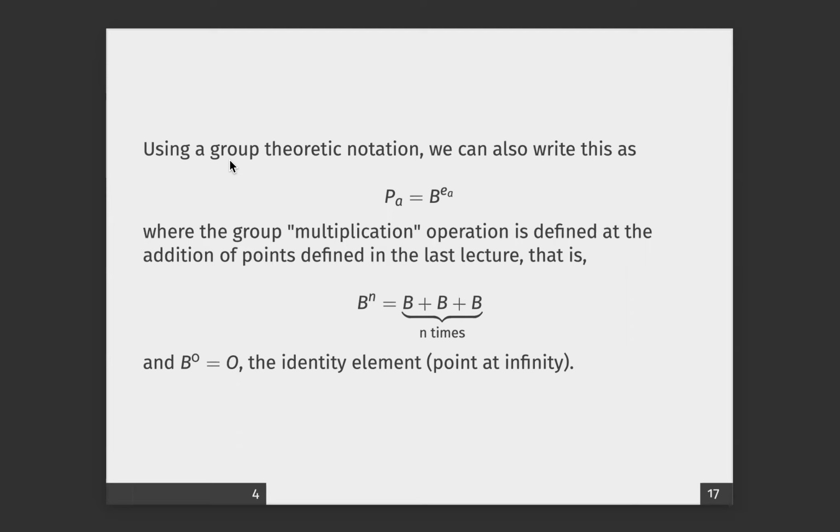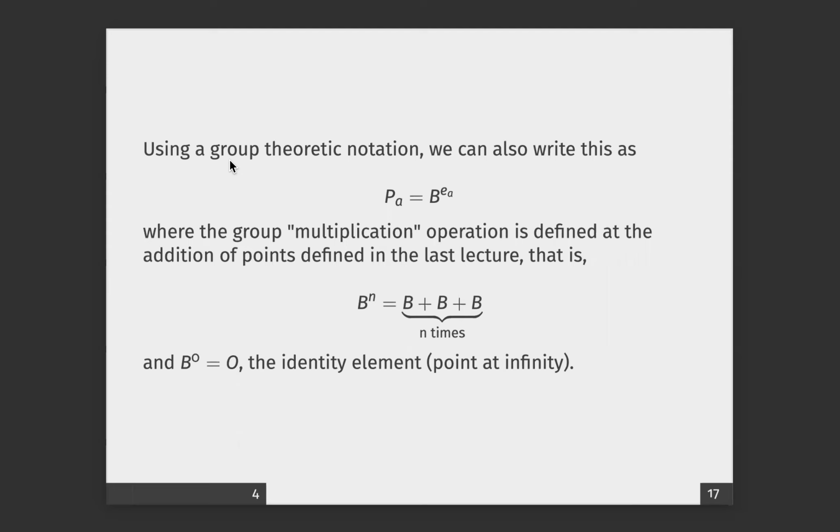So for example, in elliptic curve, our operation is actually addition. When you add points, the operation, which is the plus sign, is called multiplication in the group theoretic definition.